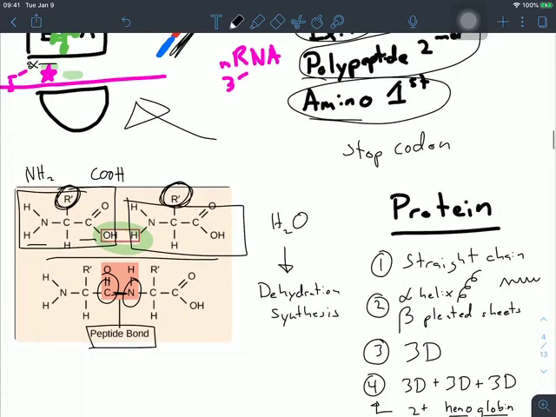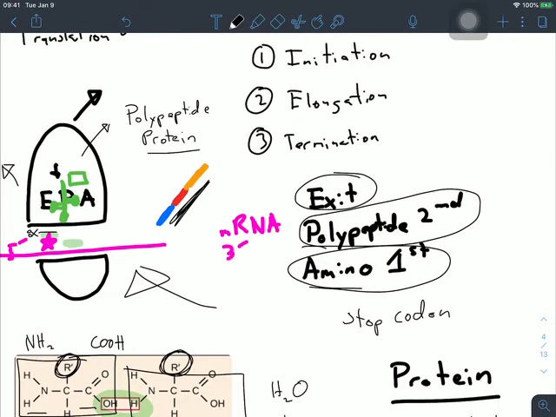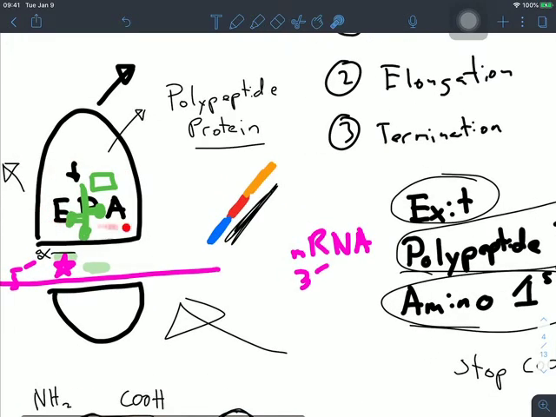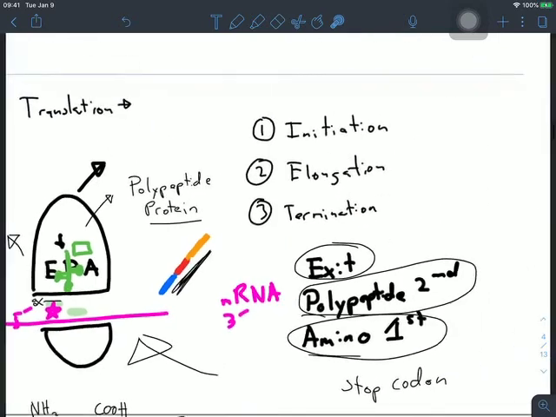I do want y'all to spend some time modeling out translation, as you most certainly will be expected to draw this out in different stages. Note that I drew it out in one molecule to kind of illustrate how it looks and how it moves through time, but you can do this in iterations like a comic, so I'd encourage you to do so.